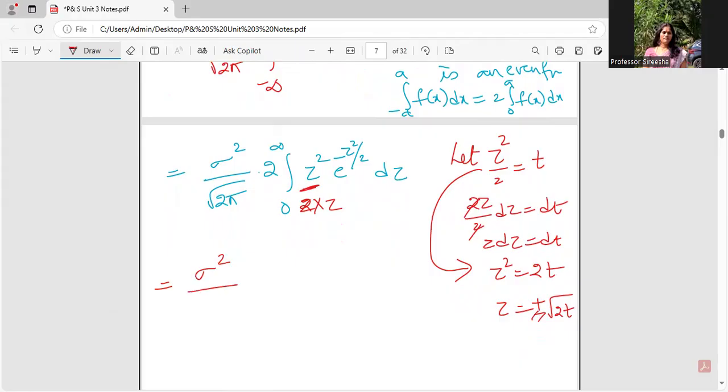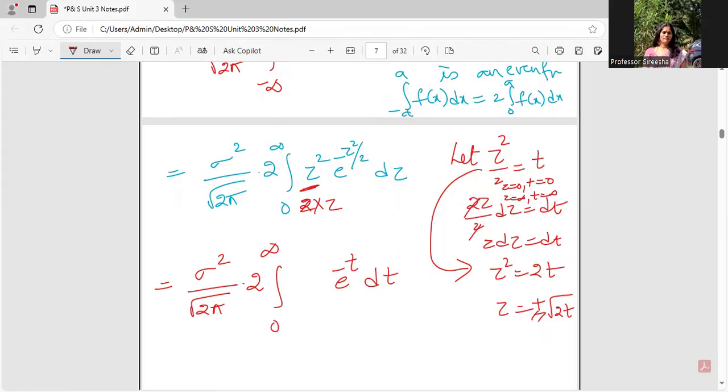Sigma squared by under root 2 pi into 2. Now I can just see, for z is equal to 0, t would be 0. For z is equal to infinite, t would be infinite, right? So no change in the limits, integral 0 to infinite. z dz value would be dt. e power minus t would be there.